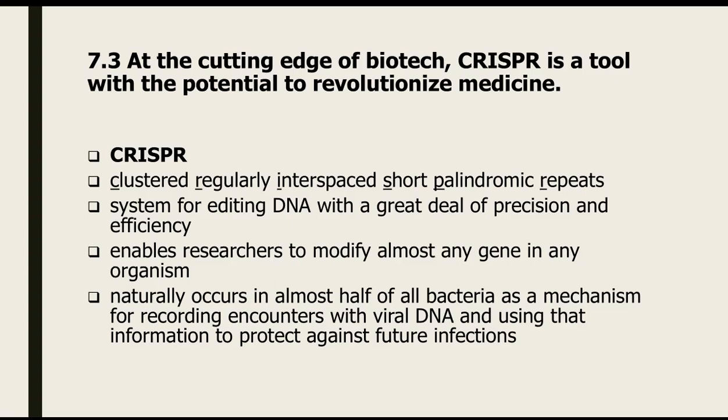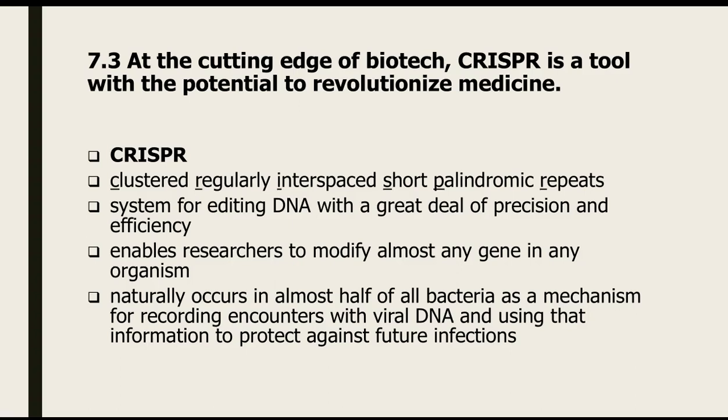Basically what CRISPR does is it allows you to edit DNA with a huge amount of precision and efficiency, and you can do this without having to go through a bacteria in the middle. So you can expose a living organism, a dog, a human, a horse, a plant, to this CRISPR process, and it will allow you to change any gene in that genome.